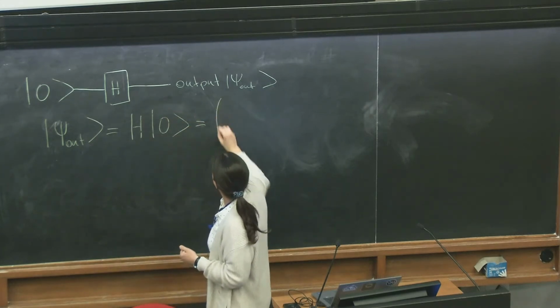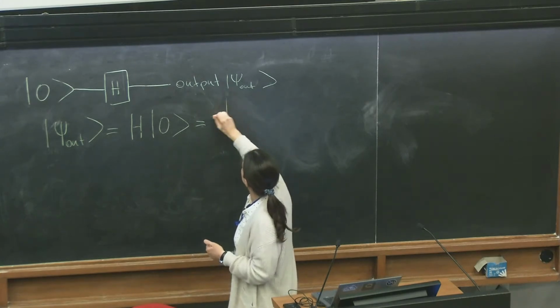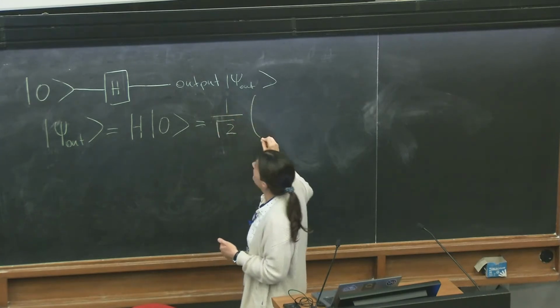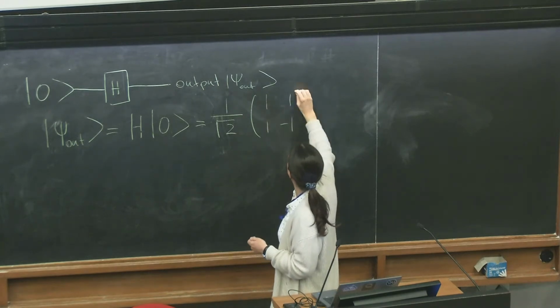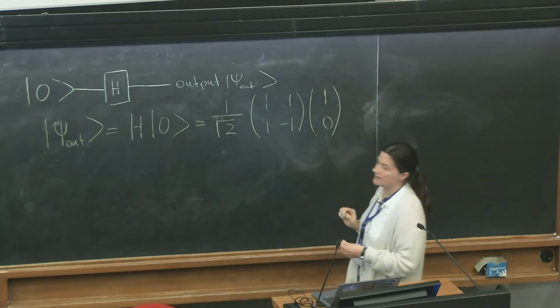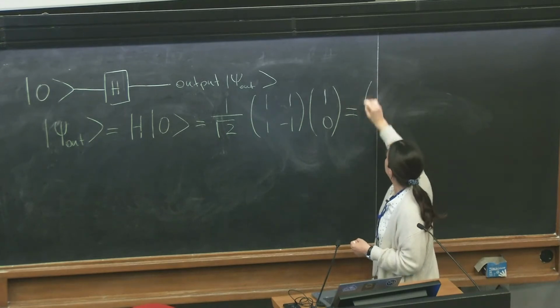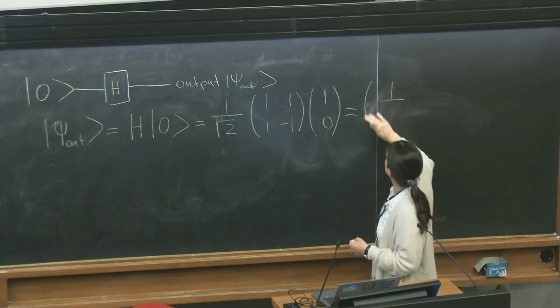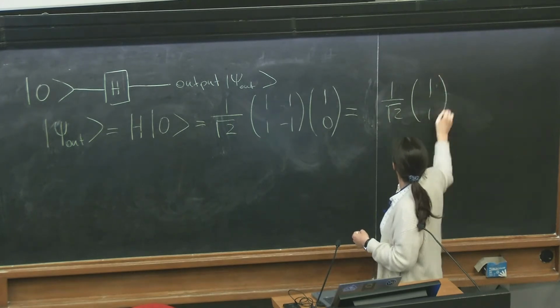So now you have a 2x2 matrix. So we're going to do this: 1/√2, you have your 1, 1, 1, minus 1. You apply that to your 0 state, right? You go through the matrix multiplication, and what you get is 1/√2, and you get 1, 1.